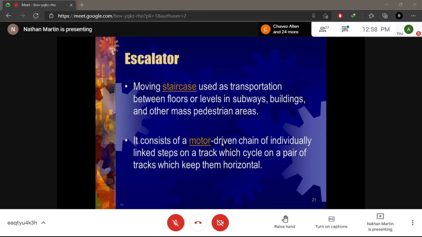It consists of a motor-driven chain of individual link steps on a track with a pair of tracks which keep them horizontal, right? So the movement is uniform because you don't want anybody to fall.